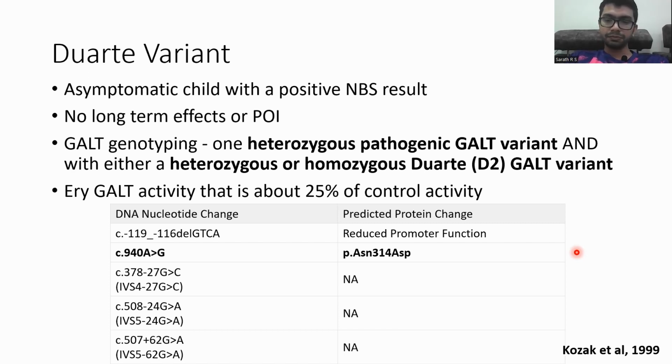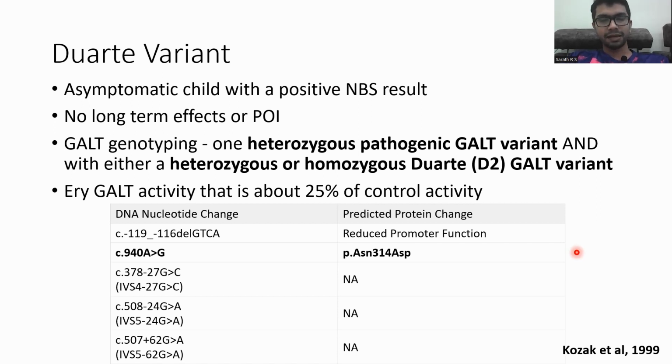However, some of these kids will present as newborn screen positive for galactosemia, because in some kids there will be slightly elevated levels of galactose in the newborn period. However, when we do the confirmatory test, that is GALT enzyme assay, we will get an enzyme activity of around 25 to 50 to 75%. So that is called Duarte variant. It doesn't have any clinical significance as such.